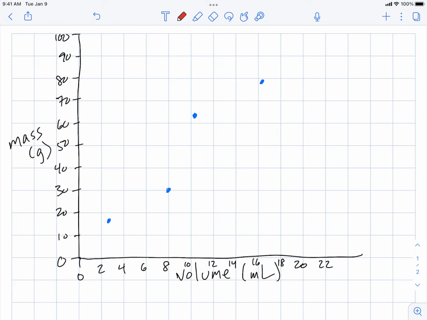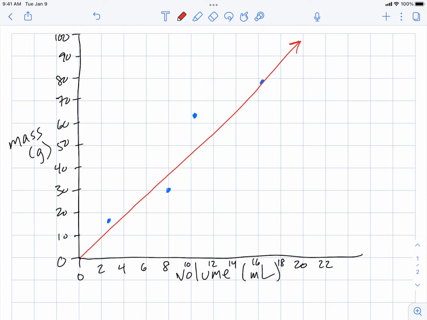So if I was doing this on paper, I would typically have a ruler. I'm just going to try to eyeball it right here. Okay, so that would be my line. It's roughly straight, and we notice that my line doesn't hit all the data points. In fact, it barely hits one of them.